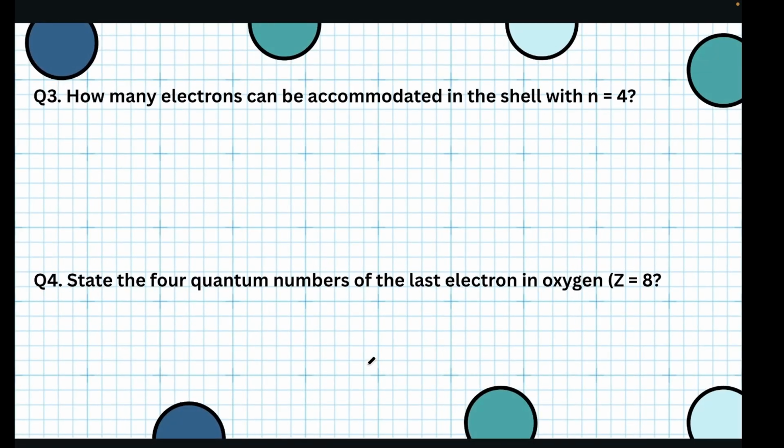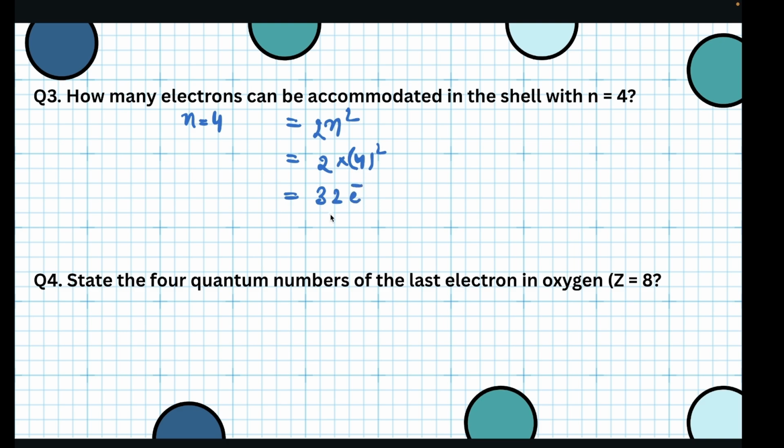Next question is, how many electrons can be accommodated in the shell with n is equal to 4? For n is equal to 4, the total number of electrons which a shell holds is calculated by using the formula 2n square. So the total number of electrons will be 32.